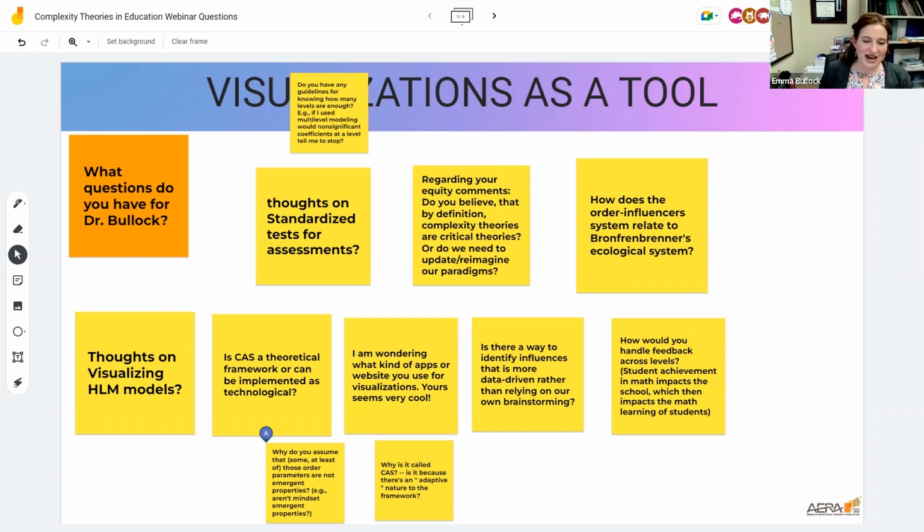I'm wondering what kinds of apps or websites you use for visualizations. Yours seems very cool. Okay, I'm going to be super transparent here. This is how they started. Ta-da. I pay for a graphic designer.